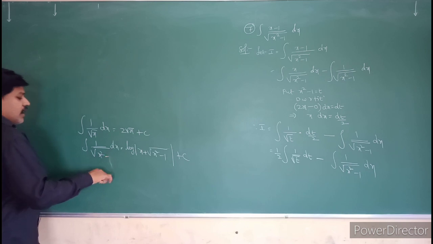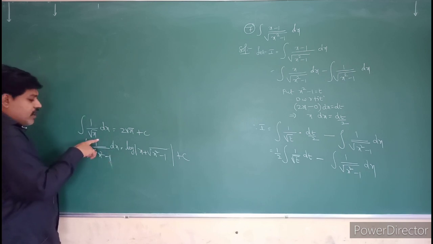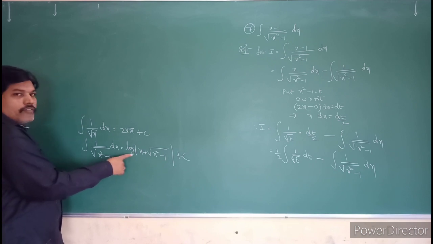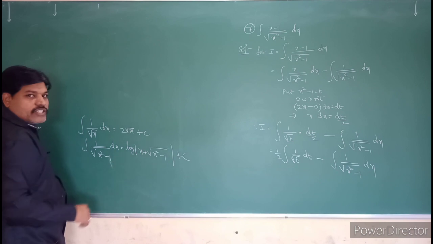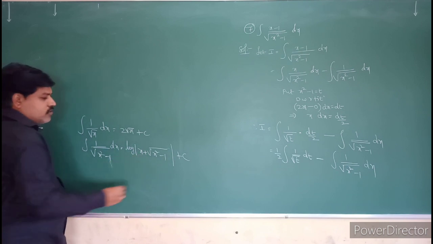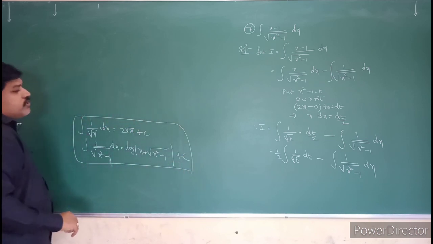So that is nothing but x square minus 1. That is from the formula for 1 by root of x square minus a square, log of x plus root of x square minus a square. In the place of a you have 1, so it will become x plus root of x square minus 1 plus c. So use these two formulas here.